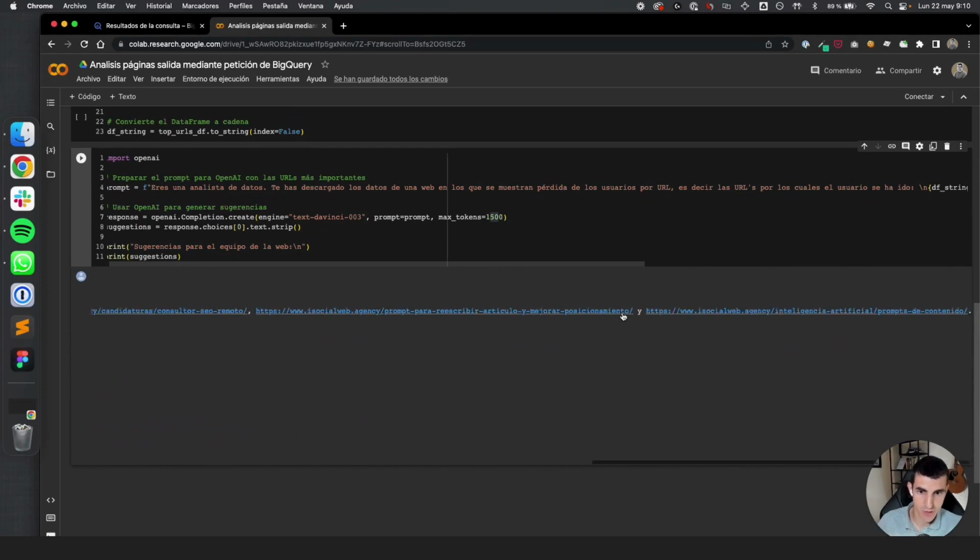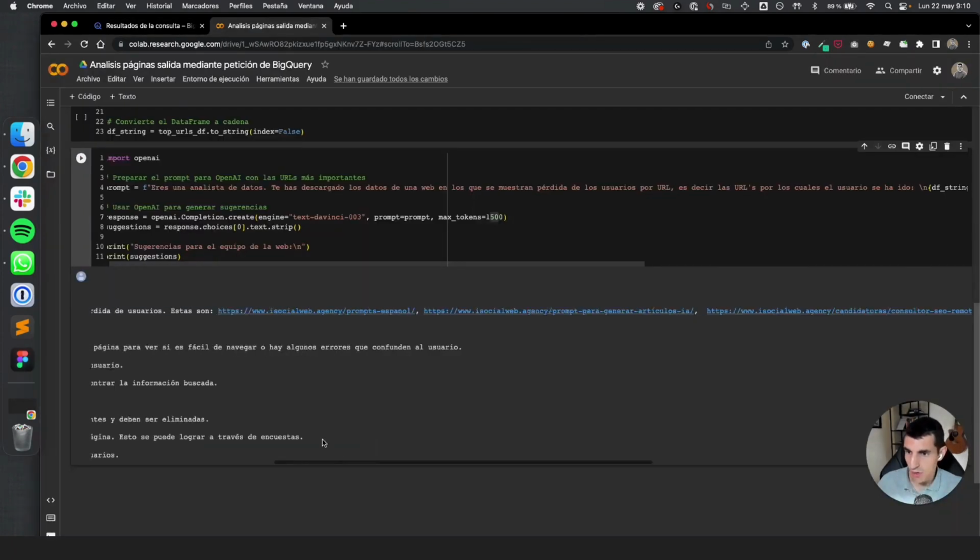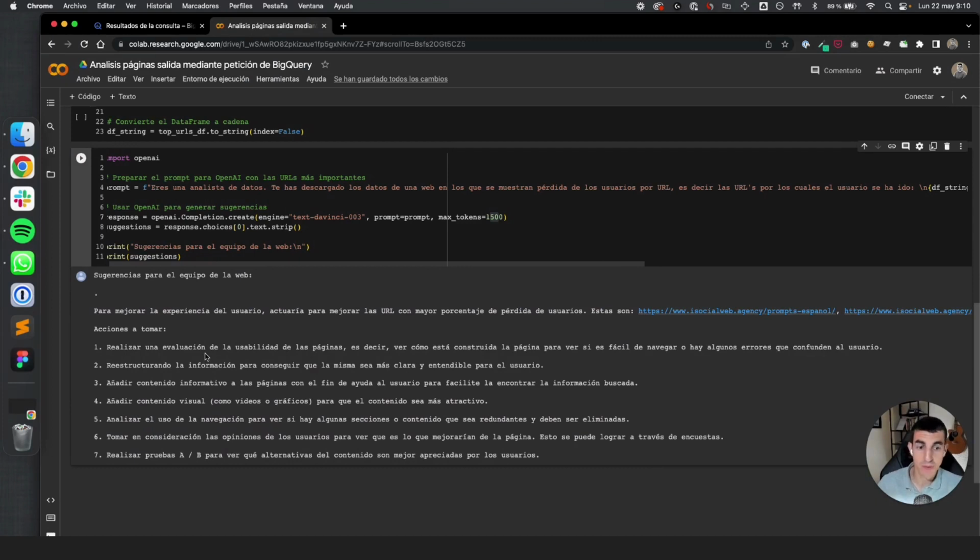This is interesting because it gives us, I think it's 5 versus... You can see it here, 523. Then it gives us actions. Some are not specific, obviously, but it does give us logic on the evaluation of usability, to improve navigation, to restructure the information. That is, maybe that part, if we improve, the user does not leave because he does not understand.